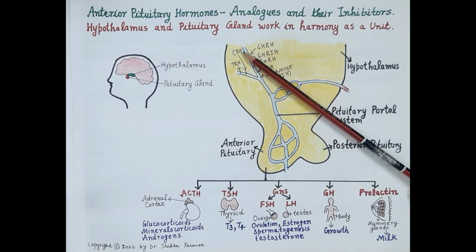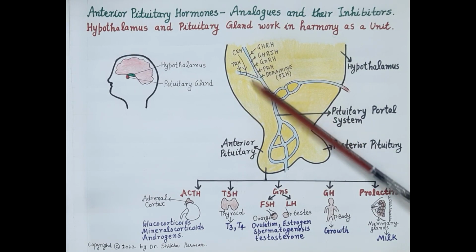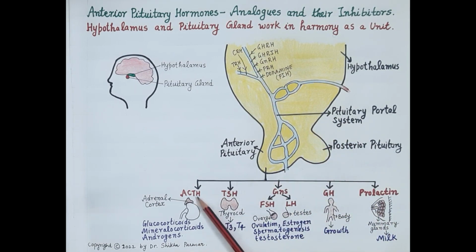Now, CRH, that is the corticotropin releasing hormone, stimulates the release of adrenocorticotropic hormone from the anterior pituitary. Now, this adrenocorticotropic hormone ACTH further stimulates the adrenal cortex to produce 3 types of hormones, namely glucocorticoids, mineralocorticoids, and androgens.